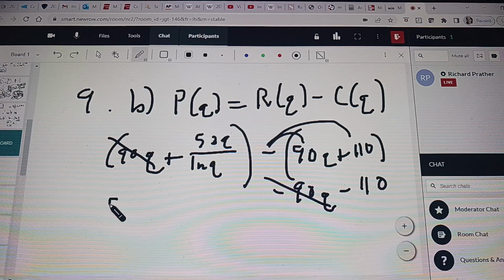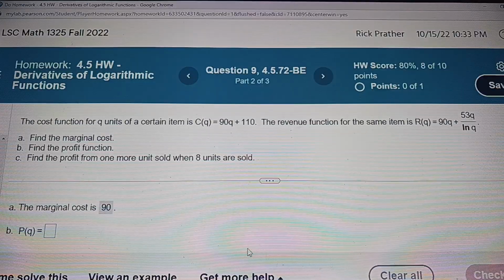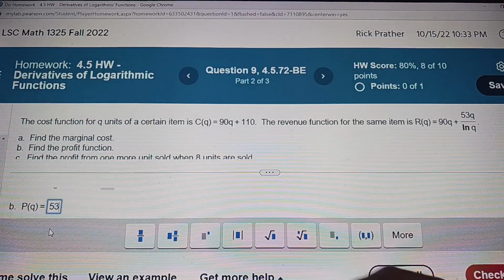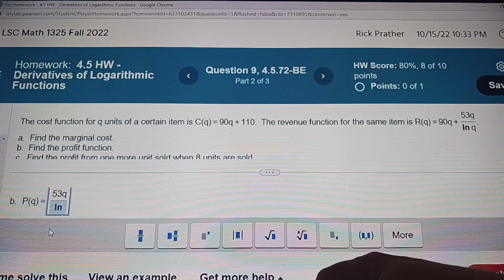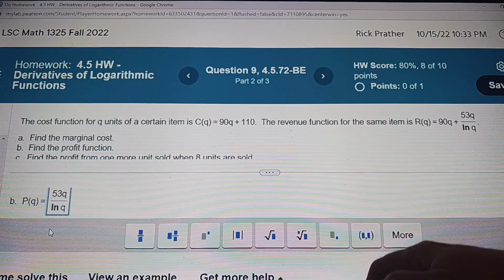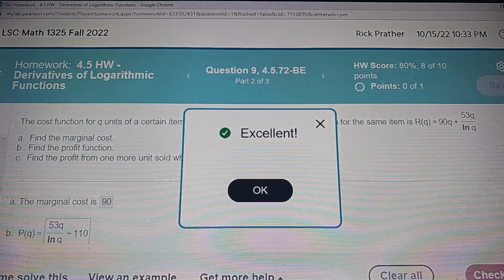So the part B answer could possibly be this fraction minus 110, if they're okay with that not having common denominators, which earlier they were, so I'm assuming this will be an okay answer. 53Q over ln Q minus 110. Yep.